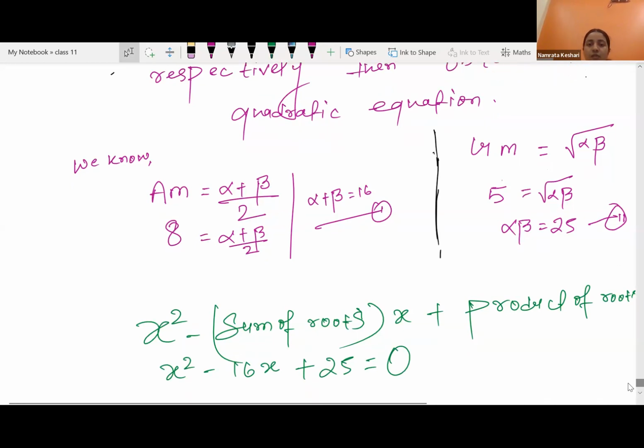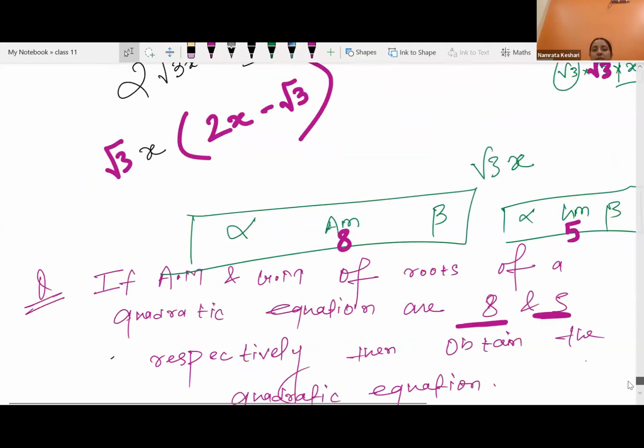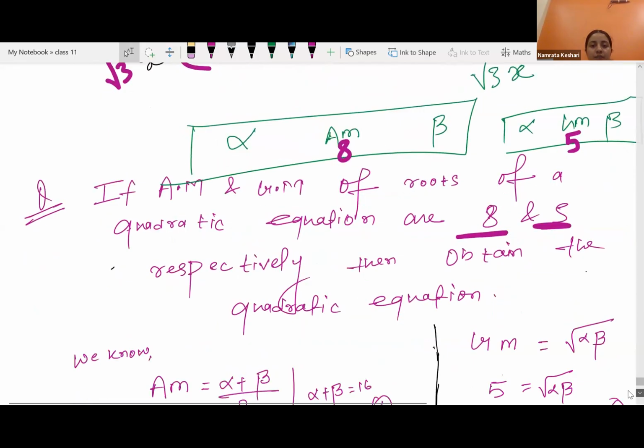Let's check the statement. If arithmetic mean and geometric mean of roots of quadratic equation are 8 and 5 respectively, then obtain the quadratic equation. Making sense? Everyone getting it?